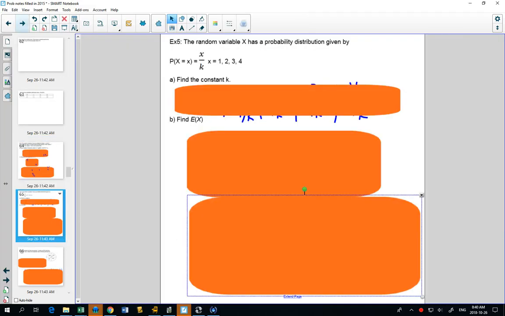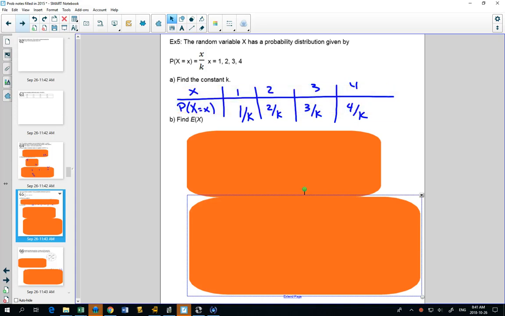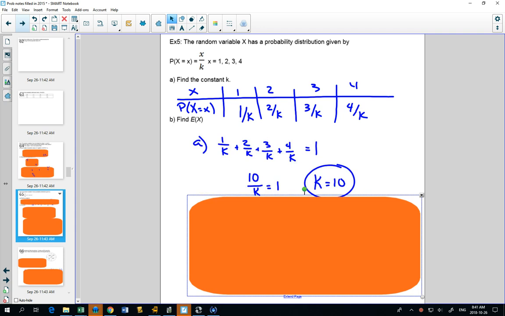All right, no different numbers on this one? So again, set up your probability distribution chart. And then from that, once again, you can solve for the value of k.